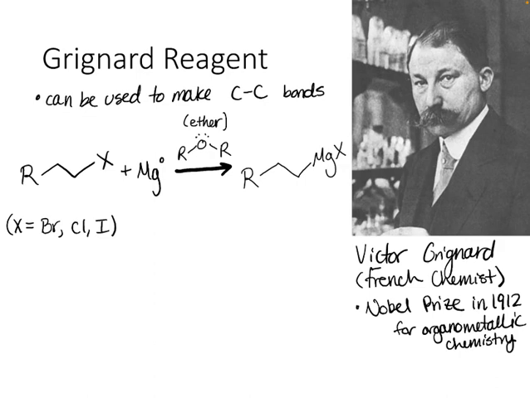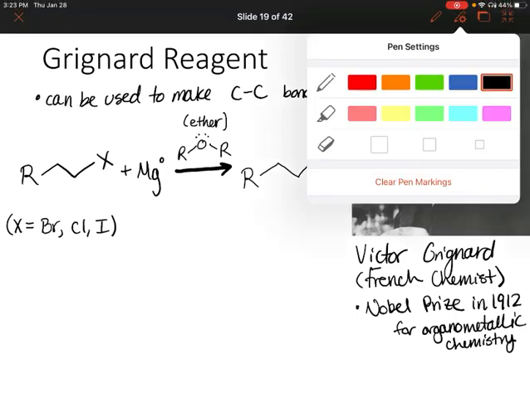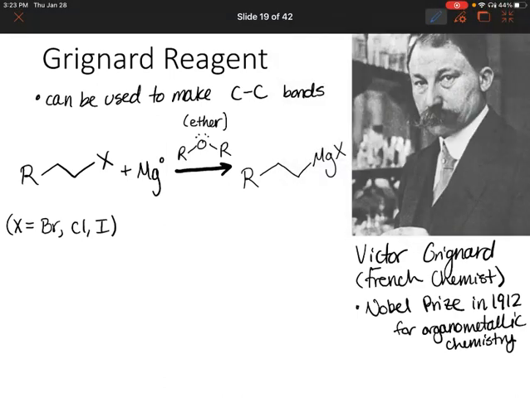Now, remember, if we think about electronegativity values, metals are not electronegative. They have very, very tiny electronegativity values. So here, carbon is actually going to pull electrons towards itself because it's more electronegative than magnesium.